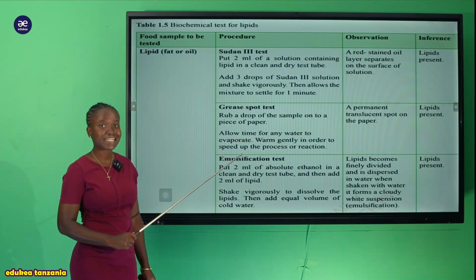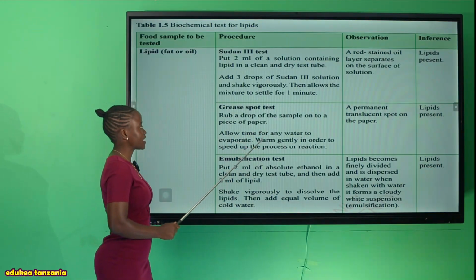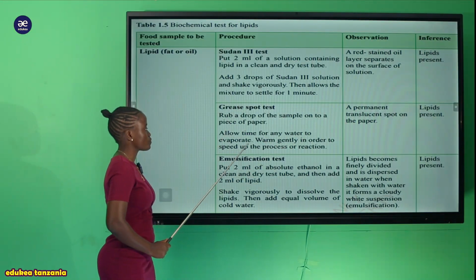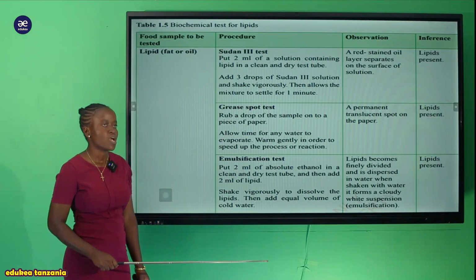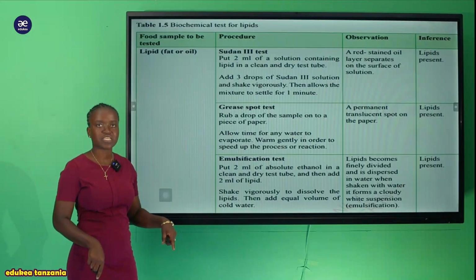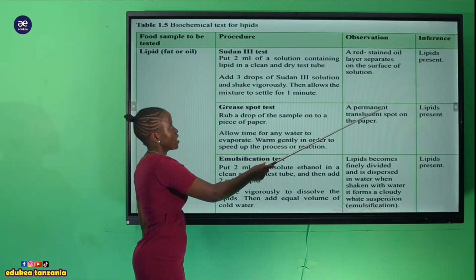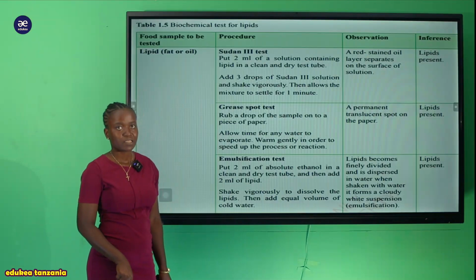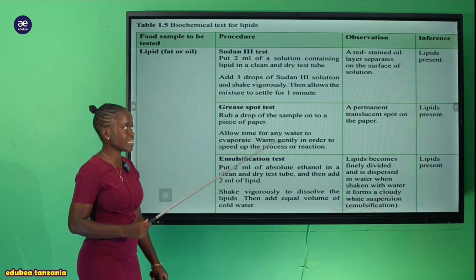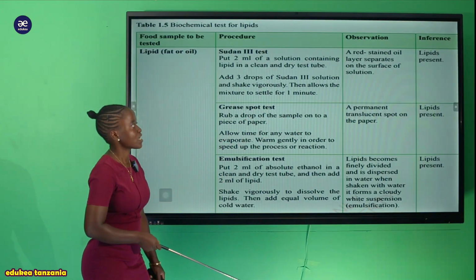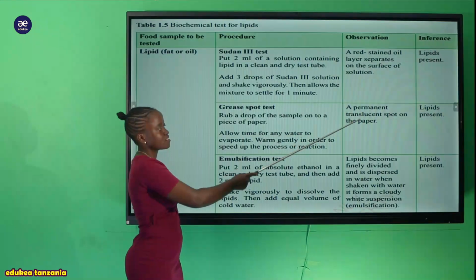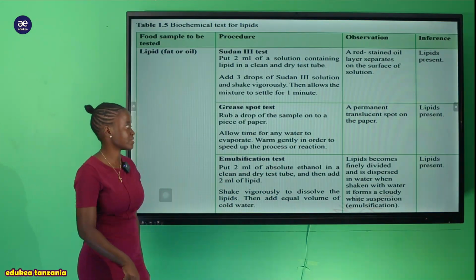It will take some time. Thereafter you warm it gently in order to speed up the process. The observation: if the lipid is present, you are going to see a permanent translucent spot on the paper. If you see that, know that lipid is present. If you do not observe this, we say lipid is absent.